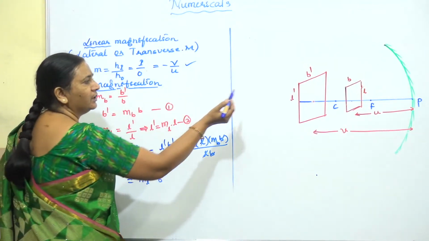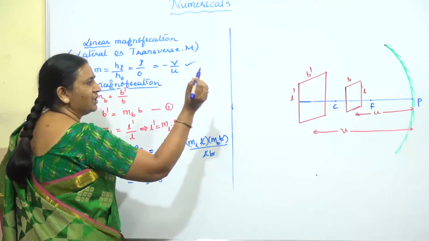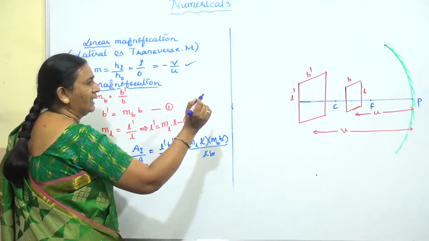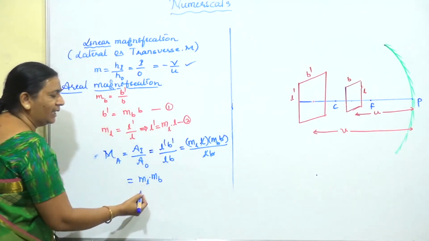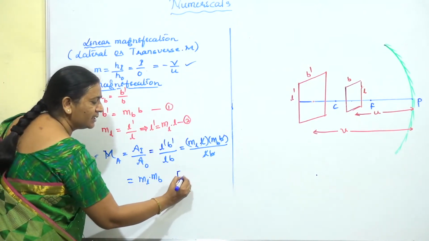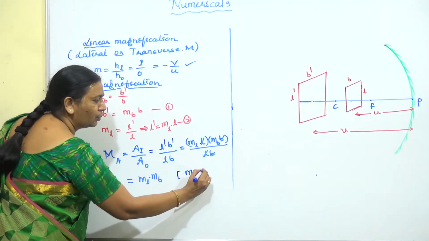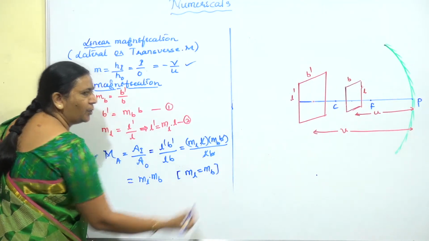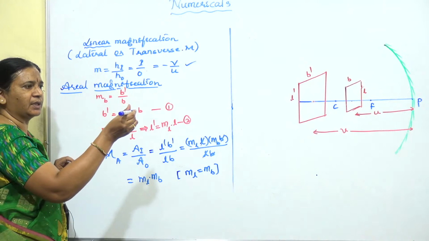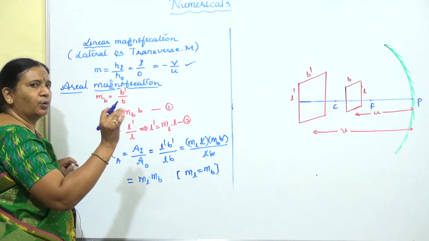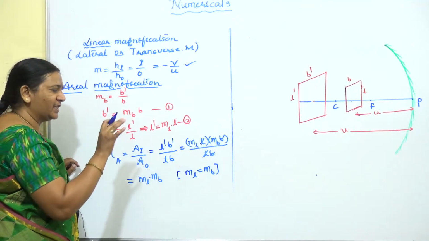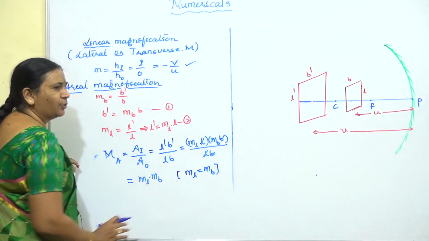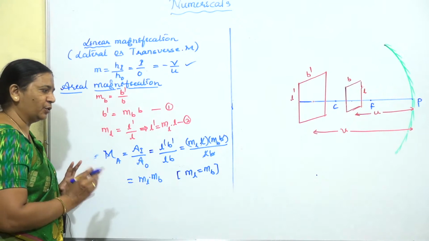Since for both B dash and B, or L dash and L, their V and U are the same, I can take ML equal to MB. Obviously, however you keep the object, even a point object, only position counts, children. The position of the complete frame is the same, so obviously they are going to form at the same position itself.